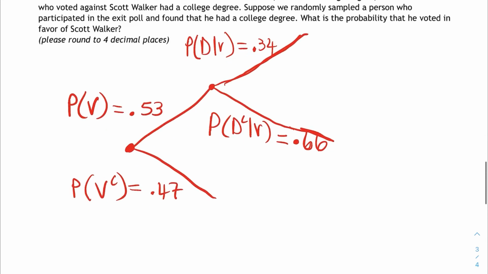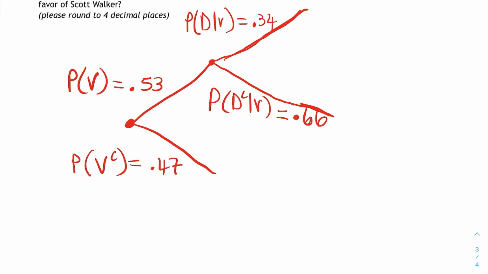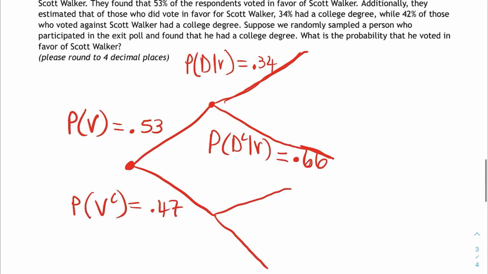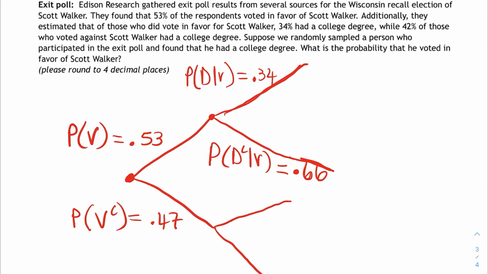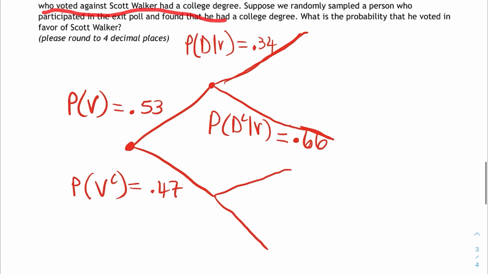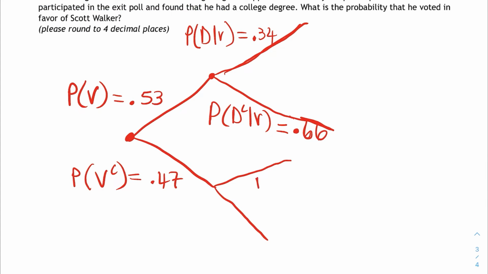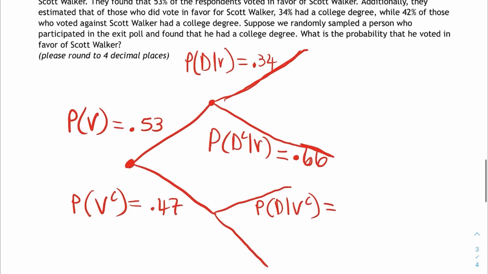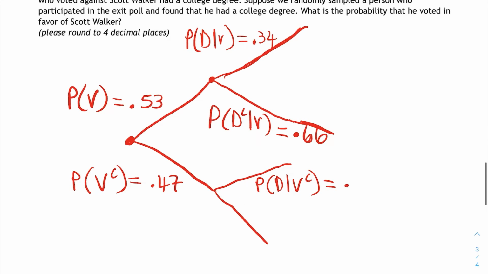Now let's look at the second branch, for all the people that did not vote for Scott Walker. So it says, of the people who voted against Scott Walker, 42% of those people had college degrees. So the probability of having a college degree, given that you did not vote for Scott Walker, is 42%, 0.42.